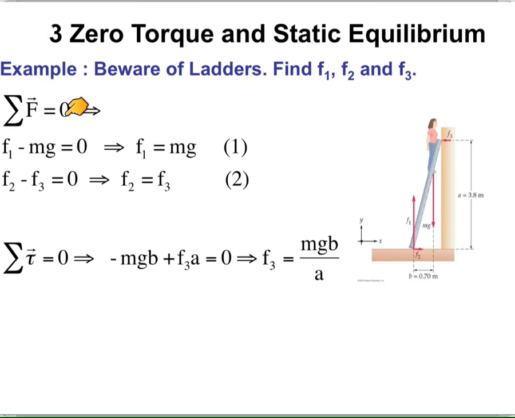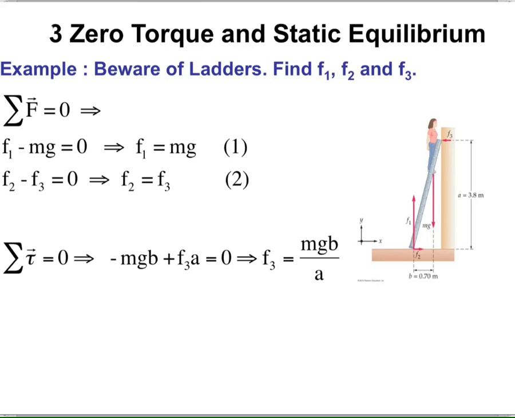Quiet, friends. The first condition is this one, and the second condition I will come to later: all the torque must be equal to 0. They are both vectors, so we have to add these vectorially. That means you have to add the forces in the horizontal direction separately and the forces in the vertical direction separately.